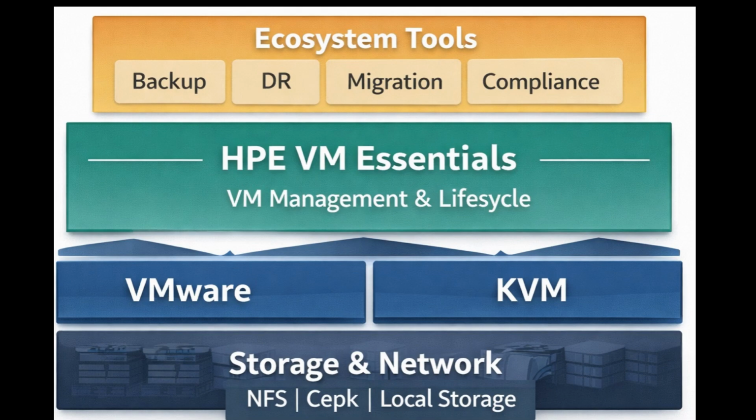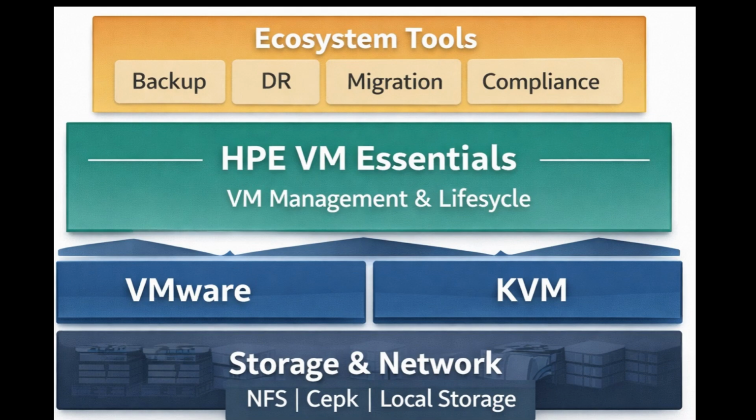For virtual machines running on VMware, vCenter remains the authoritative system. VM Essentials discovers those VMs through vCenter, maintains its own internal representation, and maps that back to the native VMware identity. So the unification happens at the management and inventory level, while the native platform remains authoritative for each hypervisor.